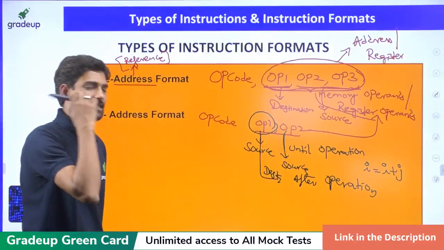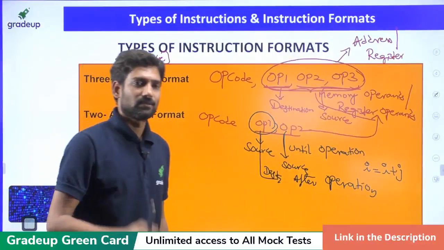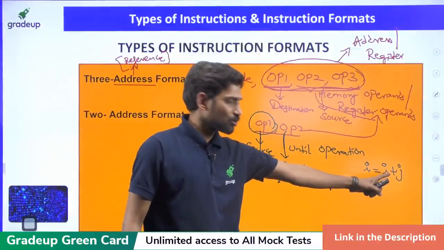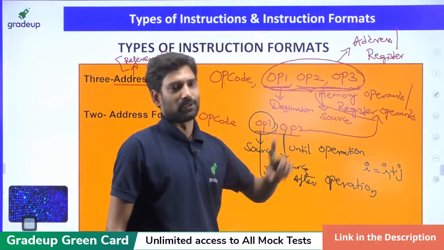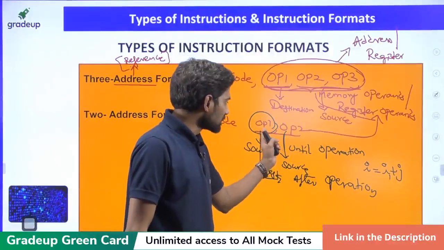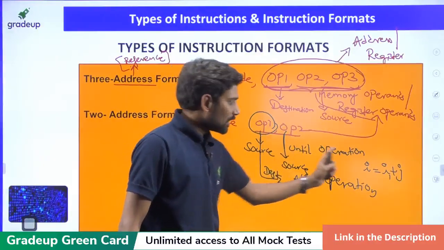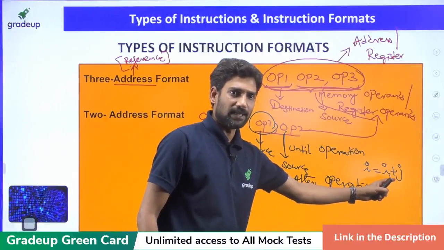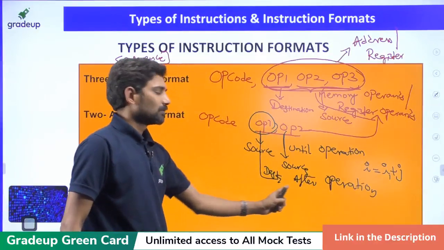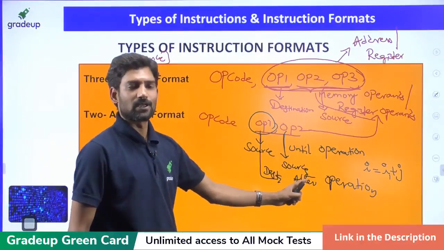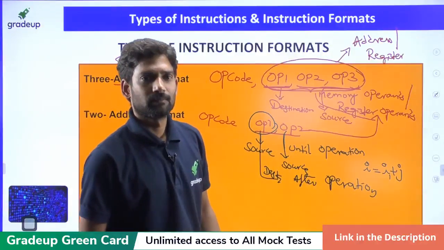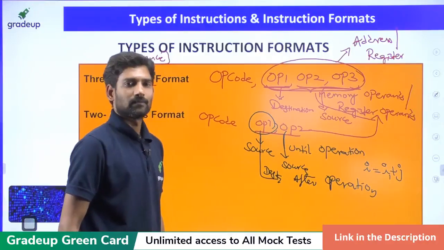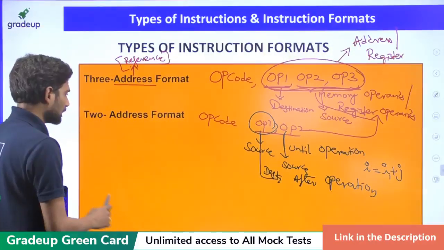You might have seen this kind of statement many times, right? I is the source, input as well as output. So the first one is source until the operation is completed, then it becomes the destination after the operation is completed.